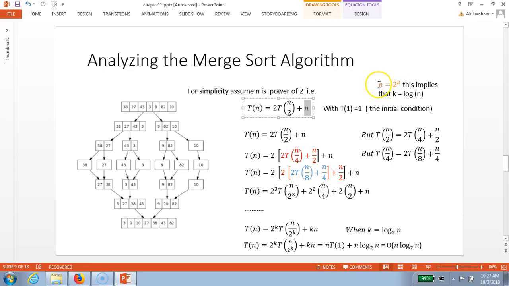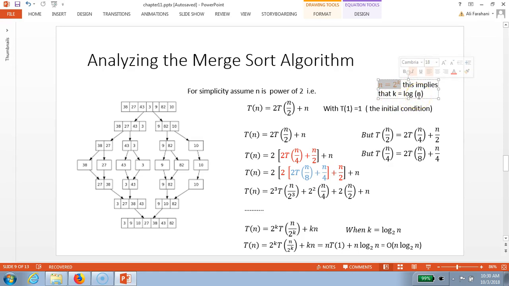All right. For simplicity, we will assume here that n, the size of the list, is a power of 2. N has the form 2 to the k for some k. Going back to your calculus course, you may recall this is an exponential equation, n equal to 2 to the k, and if you solve it for k, the answer is k equal to log base 2 of n.